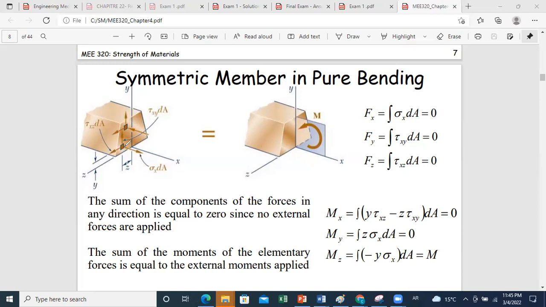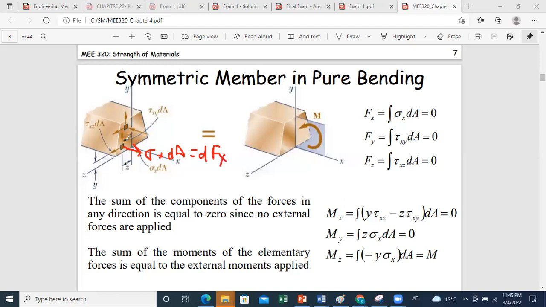So if I consider normal stress sigma x dA, where sigma x is the normal stress, when you multiply by dA, you get the elementary normal force dFx. And this force dFx can produce a moment about y.